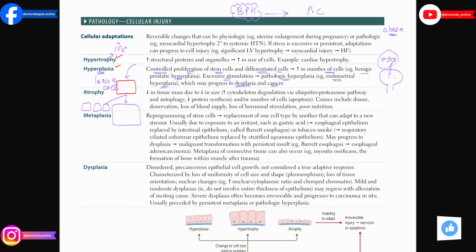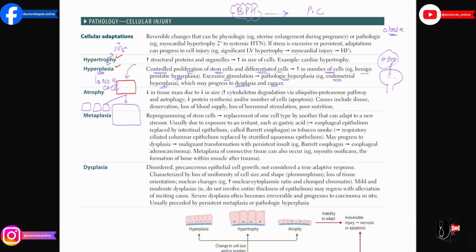And we also have one exception in hypertrophy. Let's suppose a female has the apocrine condition of the breast, as I already mentioned in the previous class. That will also not go into breast cancer. So these are the two exceptions which you have to keep in mind. So that's all about hypertrophy and hyperplasia.